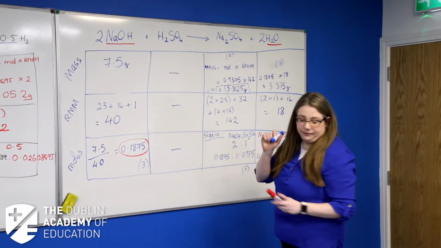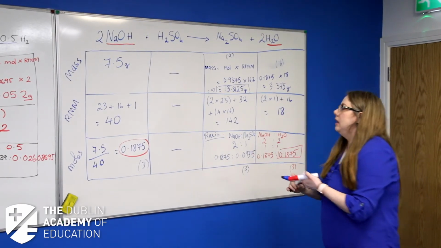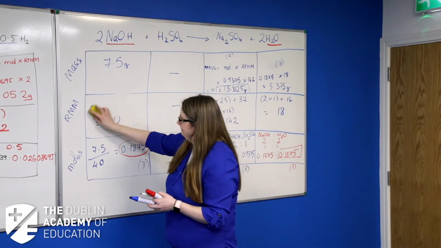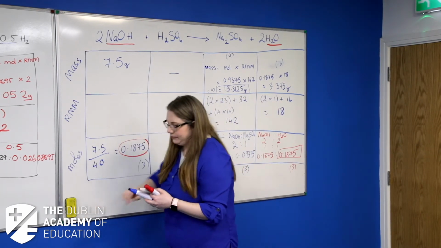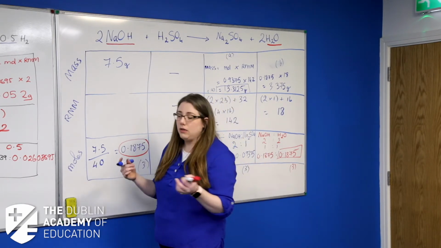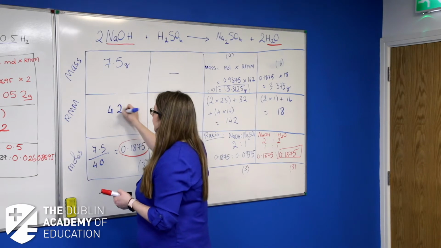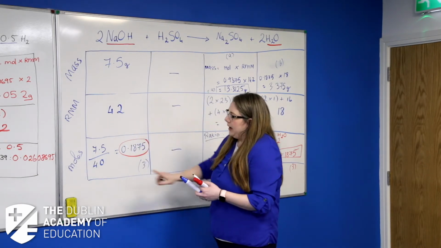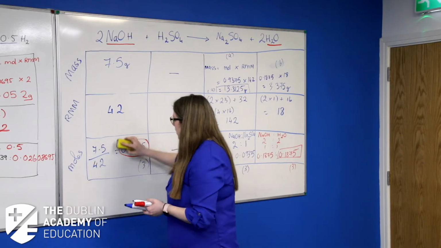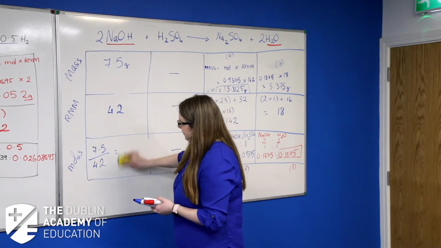In this question, if you didn't show how you calculated the RMM, and you put all the numbers into the calculator and it gave you the wrong number at the end and you got 42. And then you divide that by 42, then you're going to get a different number here.